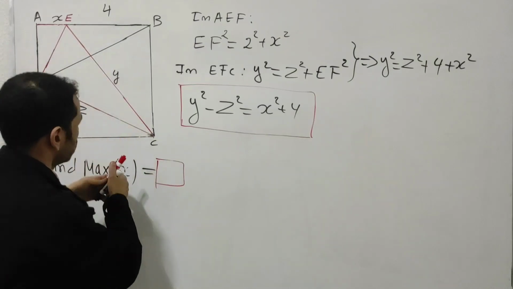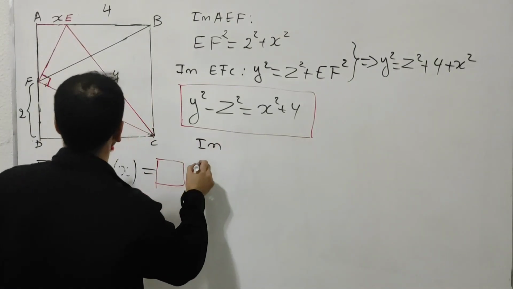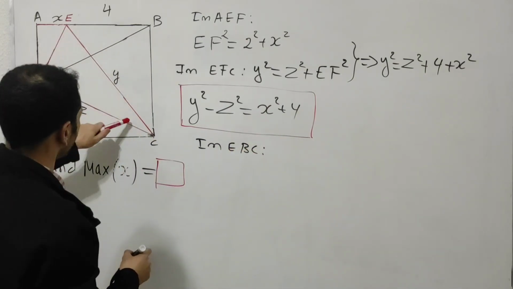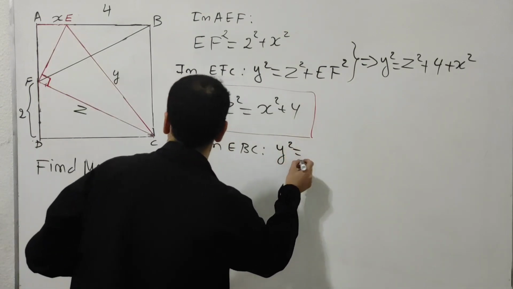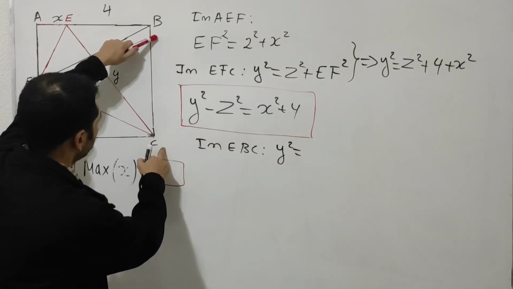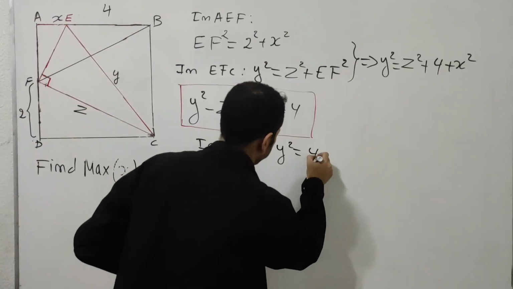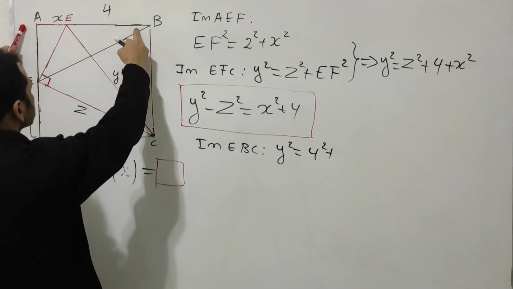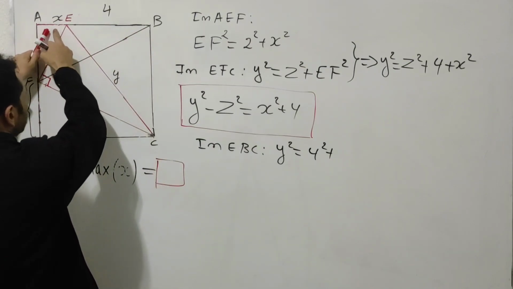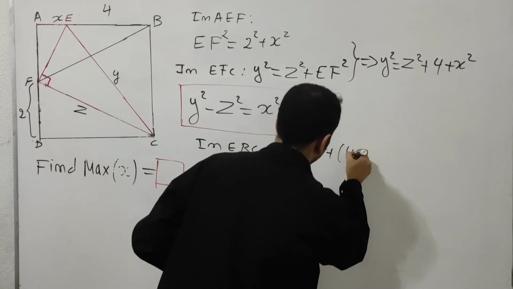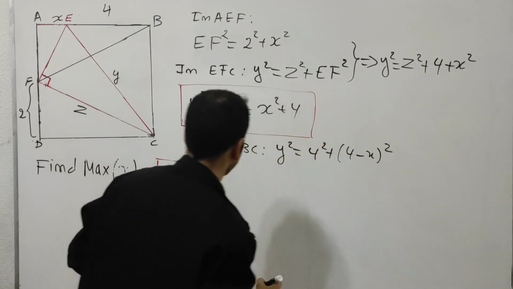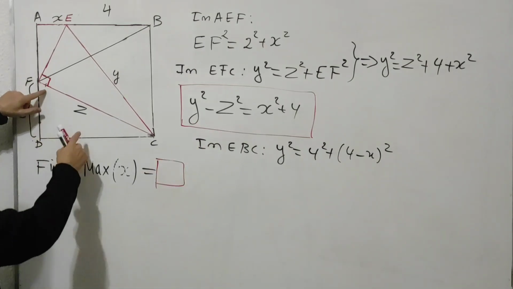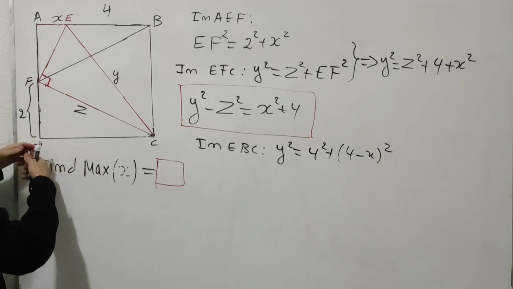In the EBC triangle, I have y squared equals 4 squared plus this distance, which equals the whole side minus x, so 4 minus x squared. Then I'm going to calculate z squared by using the triangle FCD as a right triangle.